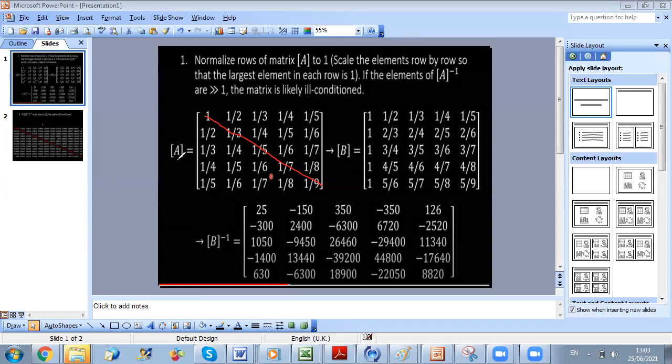Because here, for example, look, you have symmetry. If you look at the diagonal, the elements are symmetrical. So this will help you if you just have the step of verifying that it's positive definite. Once you verify that it's positive definite, you can use the Cholesky method easily.